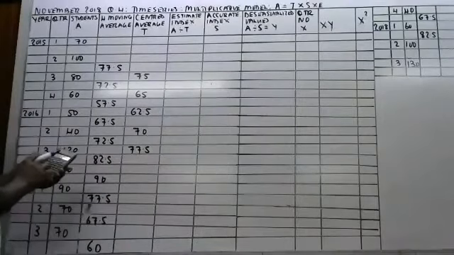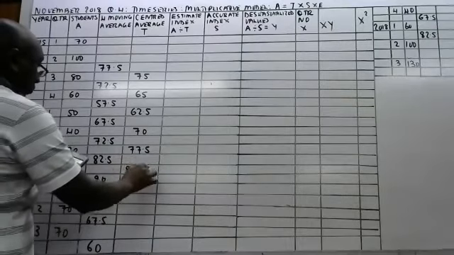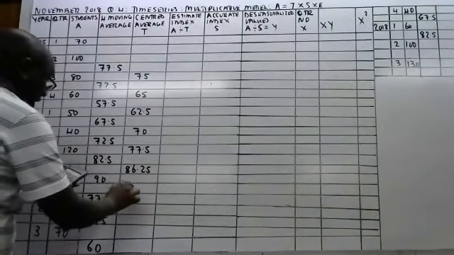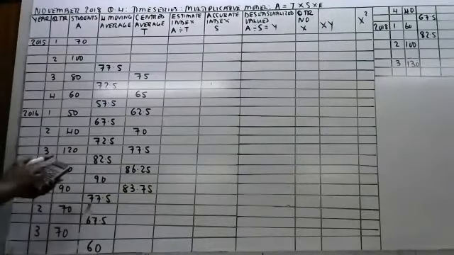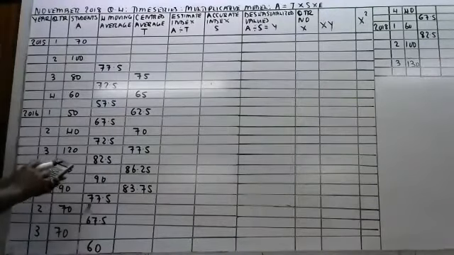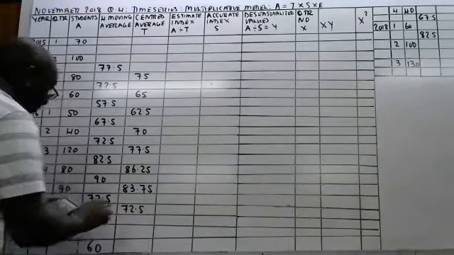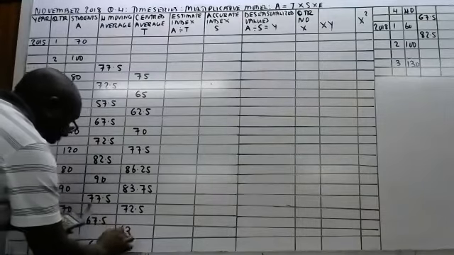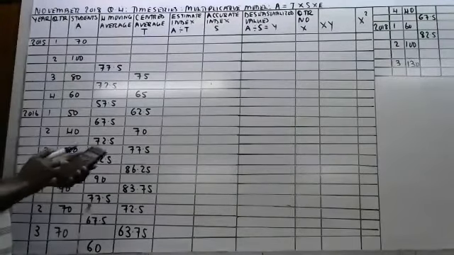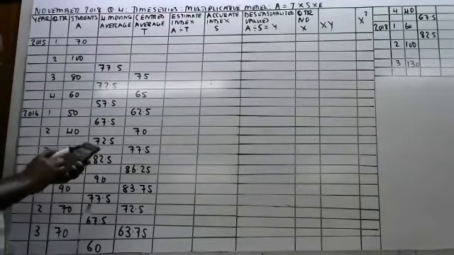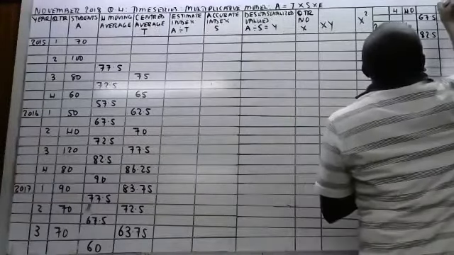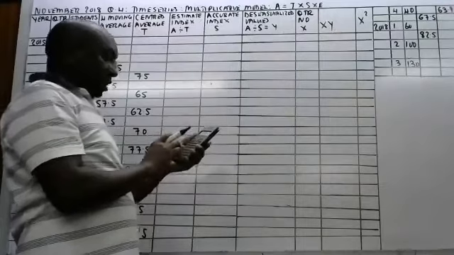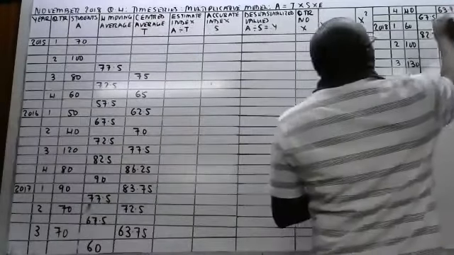82.5 plus 90 divided by 2 is 86.25. 90 plus 77.5 divided by 2 is 83.75. 77.5 plus 67.5 divided by 2 is 72.5. 67.5 plus 60 divided by 2 is 63.75. 60 plus 67.5 divided by 2 is 63.75. 67.5 plus 82.5 divided by 2 is 75.